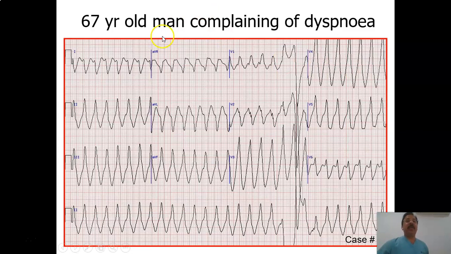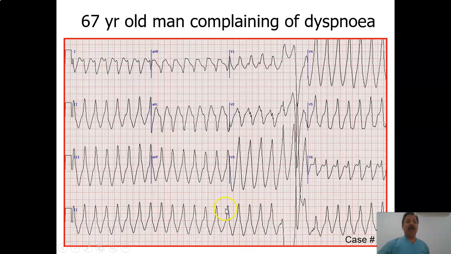Here, a 67-year-old man complaining of dyspnea. From the distance, it looks like a very abnormal ECG and a very fast, wide complex arrhythmia.